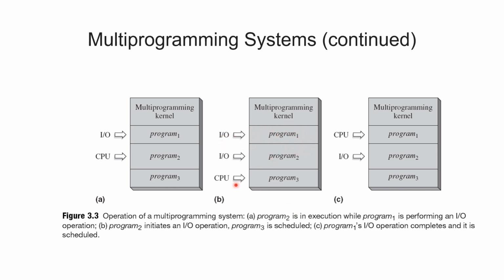In figure B, program 2 has completed the CPU and is executing the input output operation. In figure 3, program 1 has completed the input output operation and the CPU is switching from program 3 to program 1, because program 3 completed the CPU operation, so that resource is allocated to program 1.